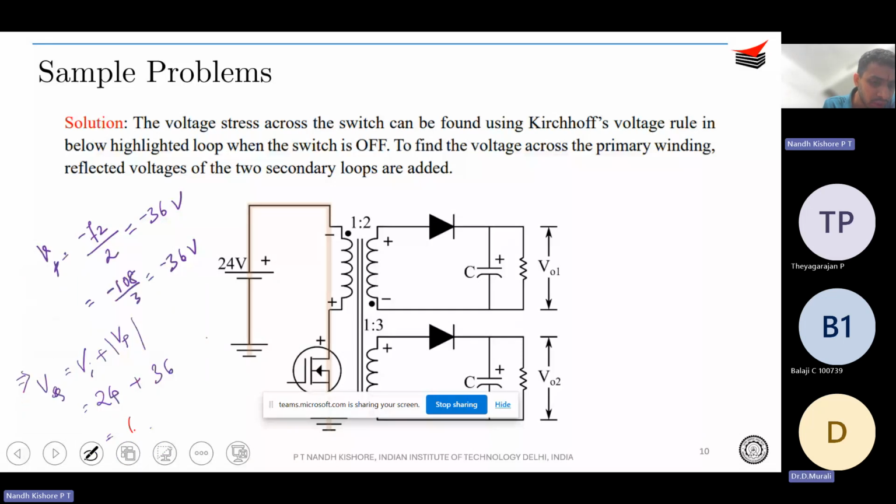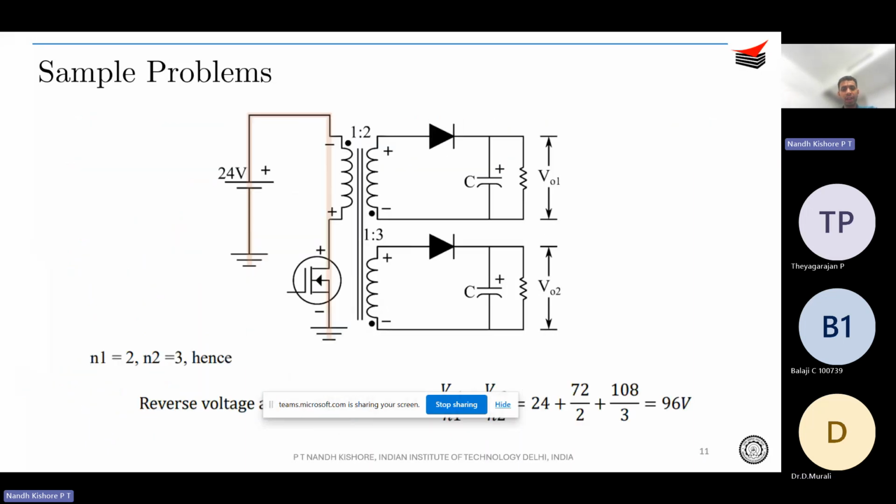This is going to give you 60 volts. So this is how it should be done, but in the answer key the values have been summed up. That is, this is Vi and this is VO1 over N1 and this is VO2 over N2. And that is why they are getting 96 volts as the answer.